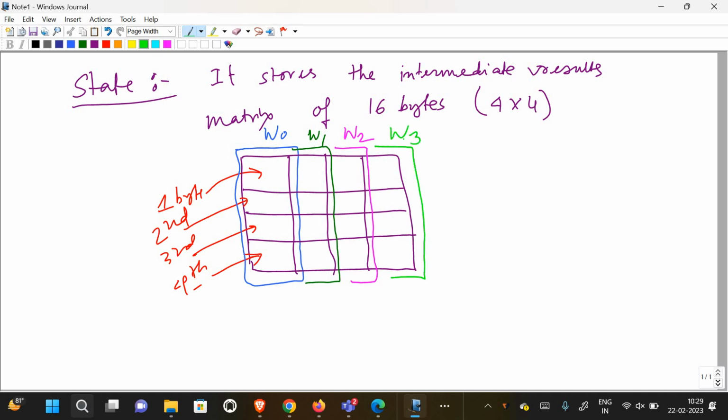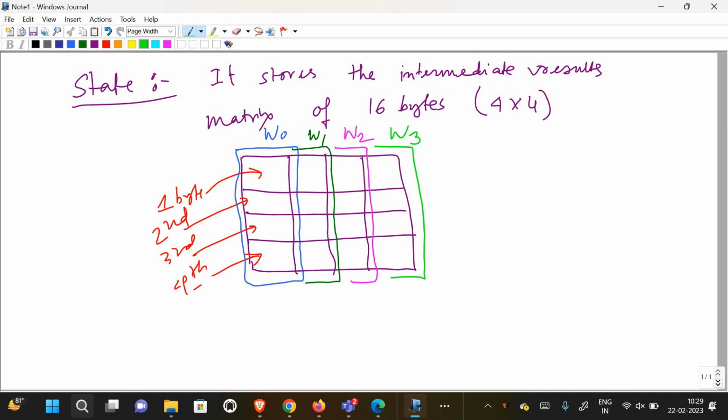This is my word 3. So again, we are dividing that state into 4 columns, and the column-wise information will be considered as the words. Got it? So W0, W1, W2, W3, these 4 are the first initial words. Then it will go on doing something called the key expansion process, in which the initial 4 words will be used to generate the keys for the rest of the rounds. We'll see that one by one. But this is what the state is all about, and this part is called the word and the bytes.